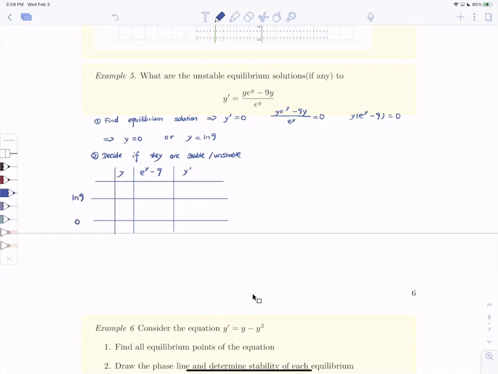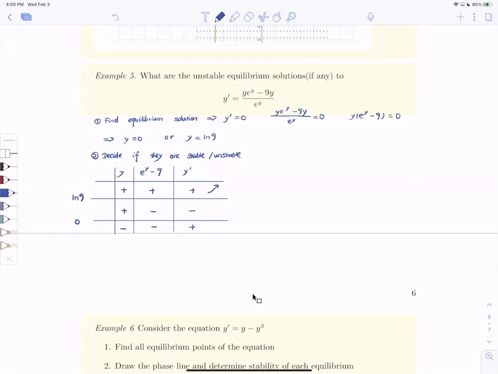So when it's greater than ln 9, y is positive. When it's between, y is positive. When it's lower, this is negative. And when it's greater than ln 9, it's positive, negative, negative. So y prime will be positive, negative, and positive. When it's positive, it means it's going up.